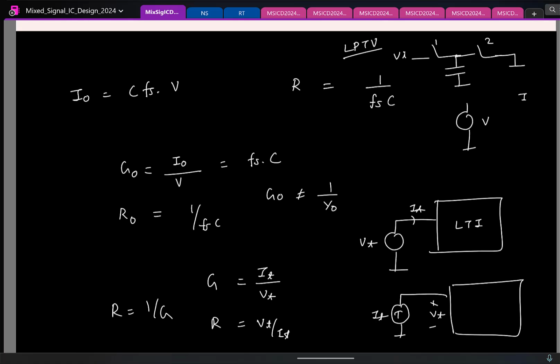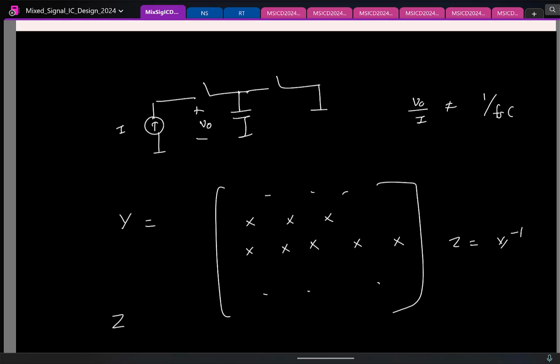Here, we applied a DC voltage and just looked at the DC part of the current. That is as though I am picking out one element from this matrix. Just because these matrices are inverses doesn't mean the corresponding entries are inverted. So this is a generalized form of impedance and admittance.